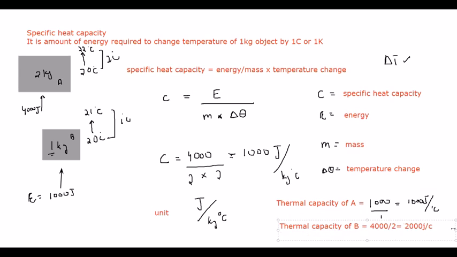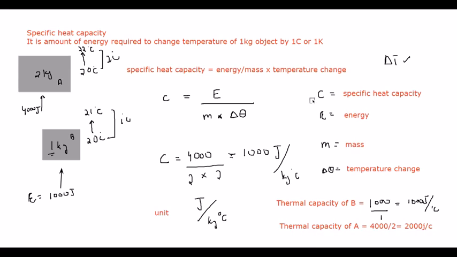So basically it shows that B stores more energy than A. Actually, this will be for B and this is for A. I was solving according to A and B the other way around, that's why. So thermal capacity of A is 1000, whereas thermal capacity of B is 2000 joule per degree centigrade. Meaning B stores more energy than A.